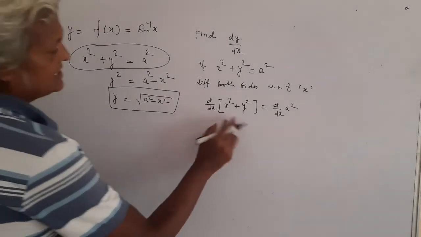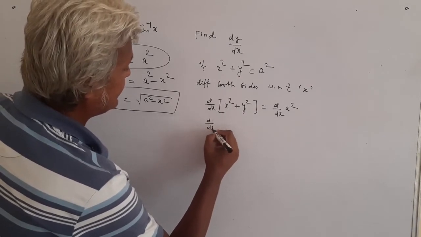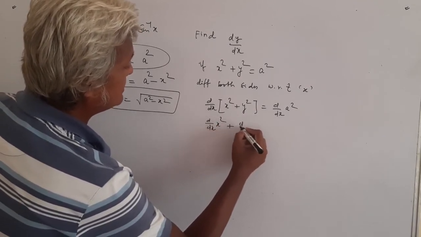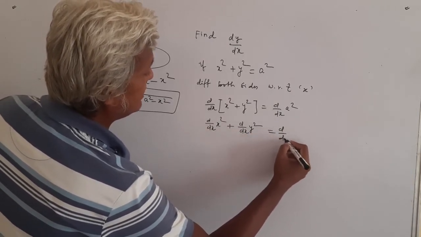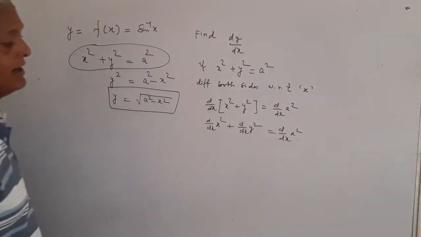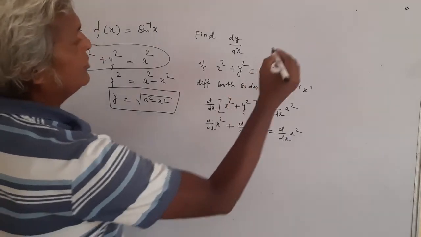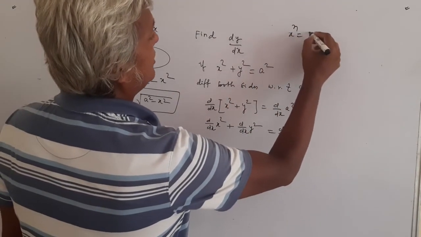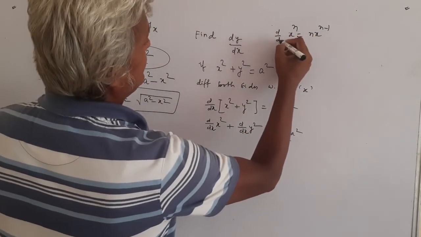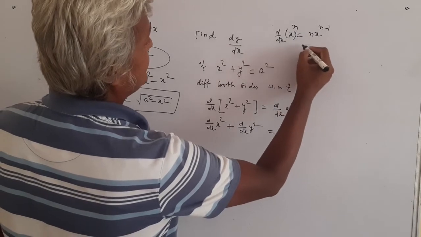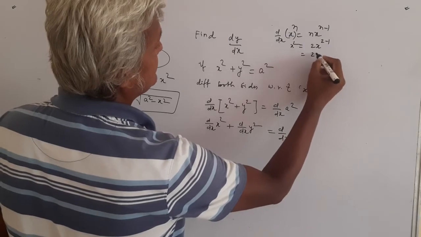Now this is the sum of two functions, two terms you can say. So we can write d by dx of x square plus d by dx of y square is d by dx of a square. Now d by dx of x square, using the formula that x to the power n gives n x to the power n minus 1, will be 2x to the power 2 minus 1, that is 2x.